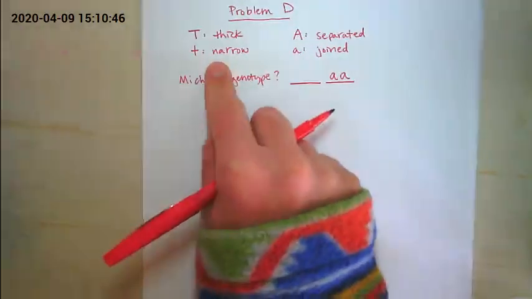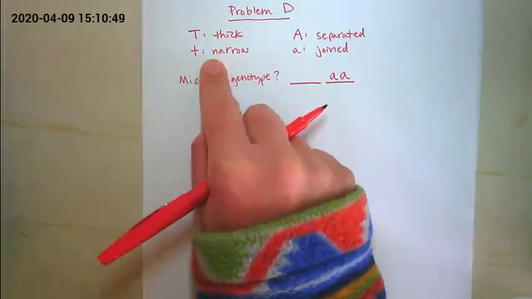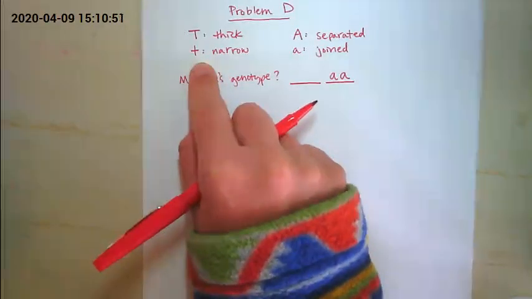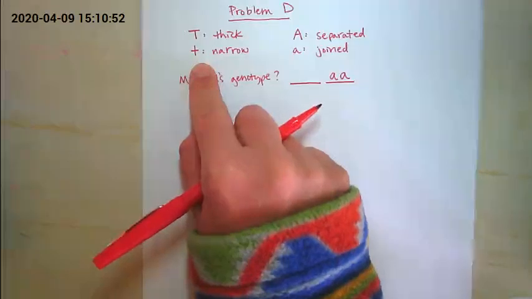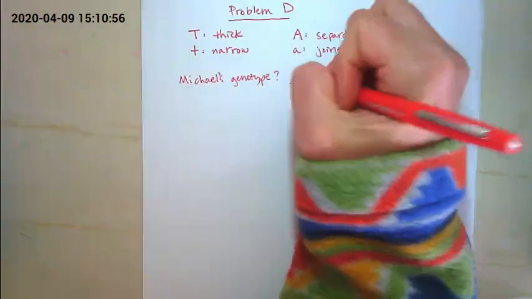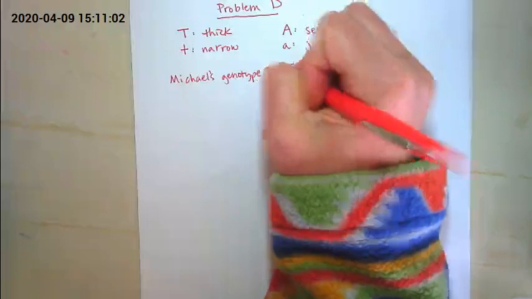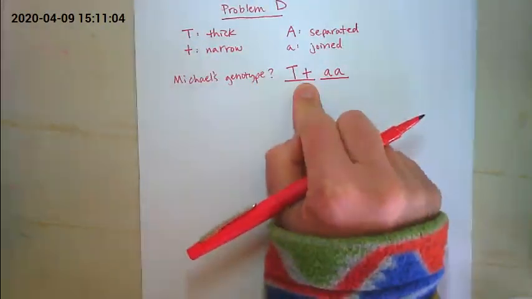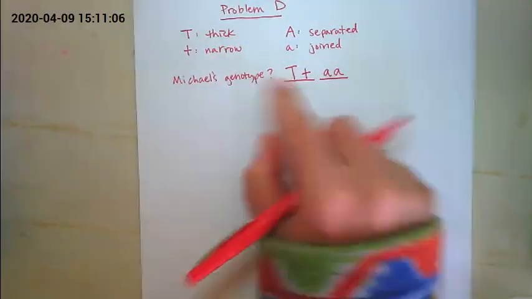If Michael's mom has narrow eyebrows, that means she has to be little t, little t. So the only version of T she can give Michael is recessive t, which means his dad had to give him the dominant T because he got thick eyebrows. He doesn't have thin eyebrows. So this has to be Michael's genotype.